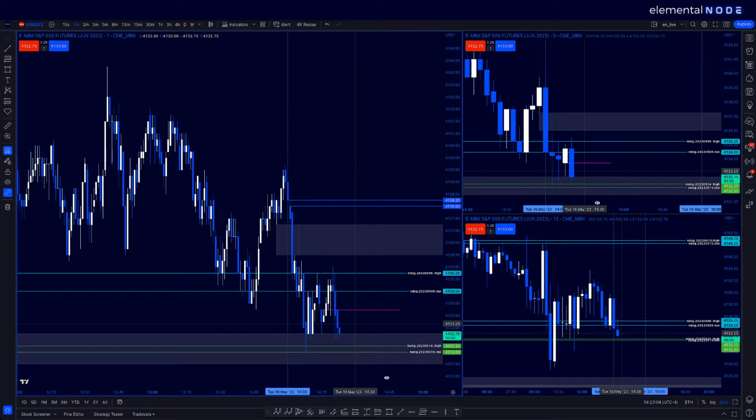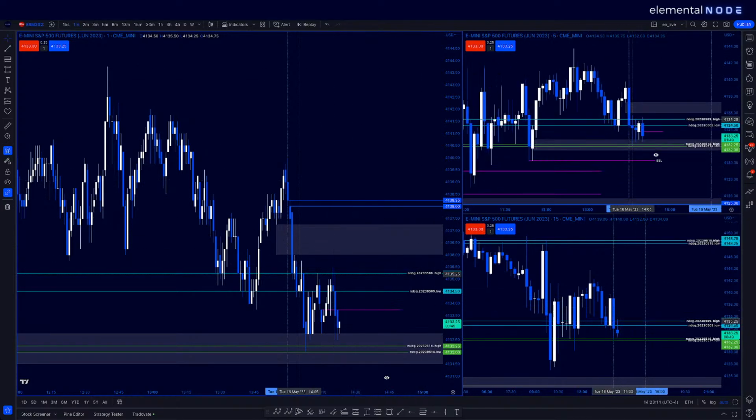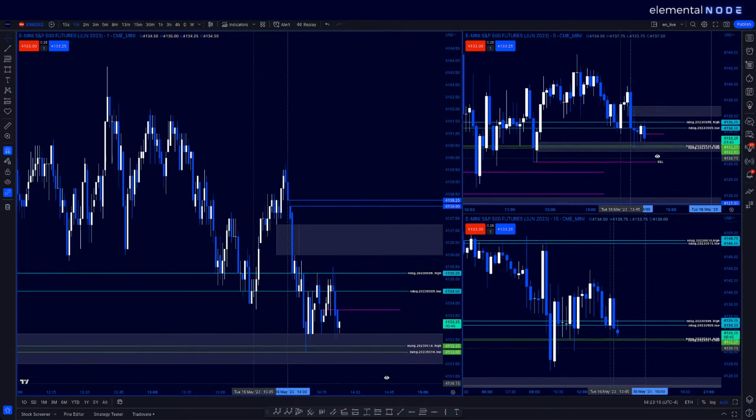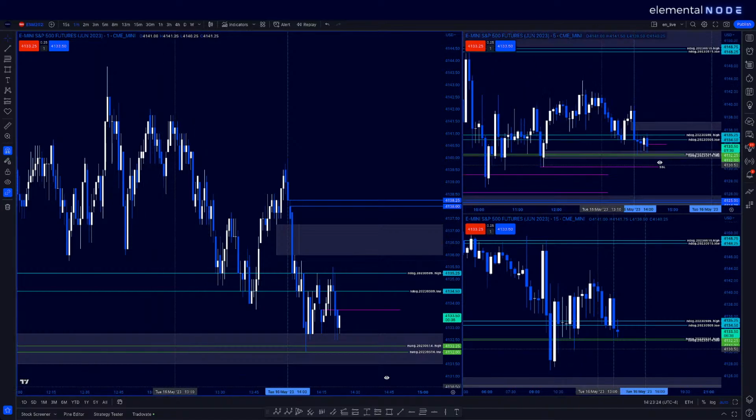Okay, approximately 2 minutes to the 5-minute close. 5-minute candles. Looks like it wants that sell side liquidity as well. I don't quite trust it.